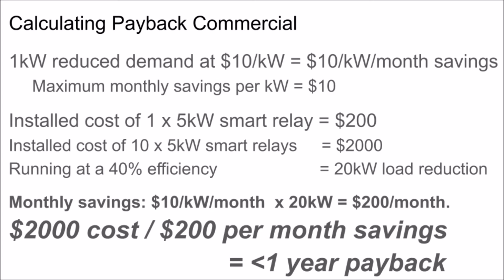If the hotel owner wanted to be more aggressive in his savings, he could turn off all the air conditioners during peak times, resulting in a little more discomfort for the hotel guests, but perhaps an even greater windfall in cost savings. Another 50% increase in the cost savings would push the payback almost down to 6 months.